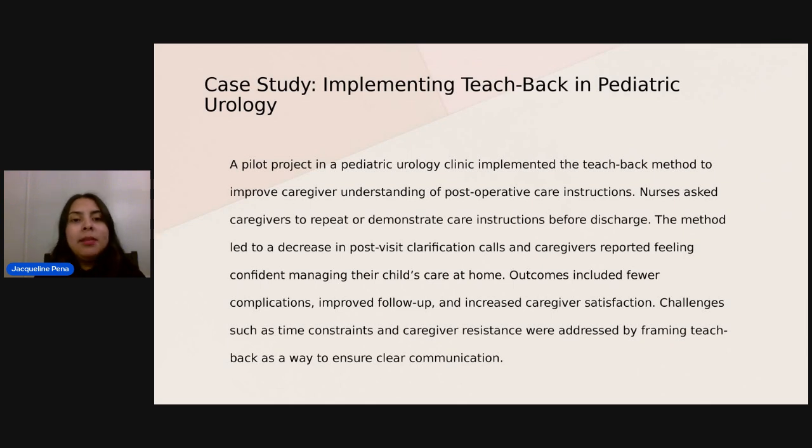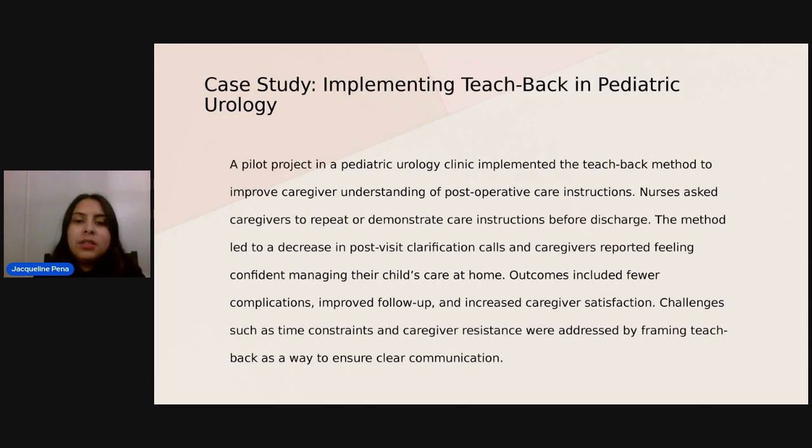So, case study: implementing the teach back method in pediatric urology. A pilot project in a pediatric urology clinic implemented the teach back method to improve caregiver understanding of postoperative care instructions. Nurses asked caregivers to repeat or demonstrate care instructions before discharge.